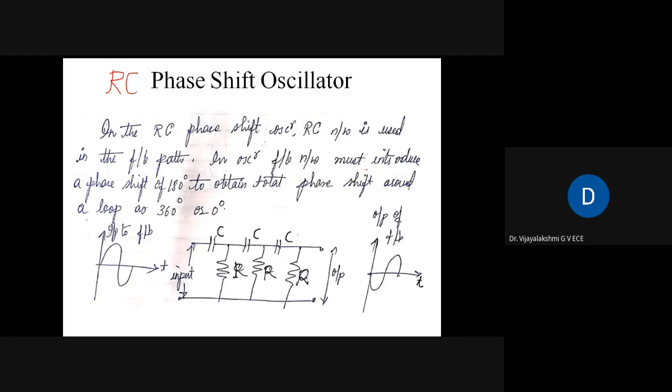Now one more thing to recall here. If you see the structure of the oscillator, yesterday I told you, it consists of the amplifier part and the feedback part.